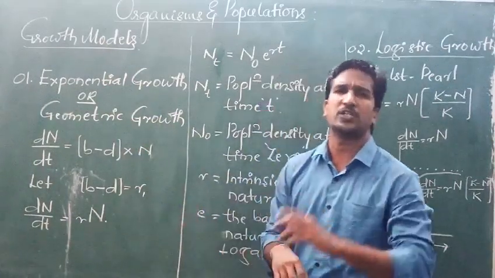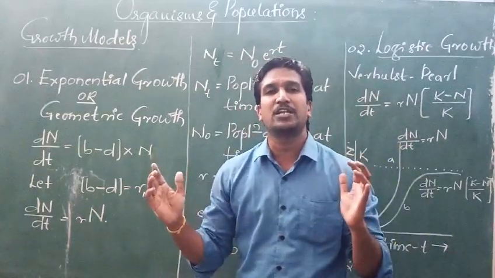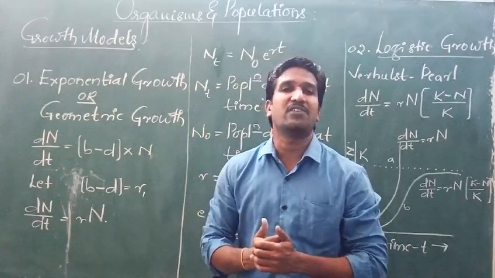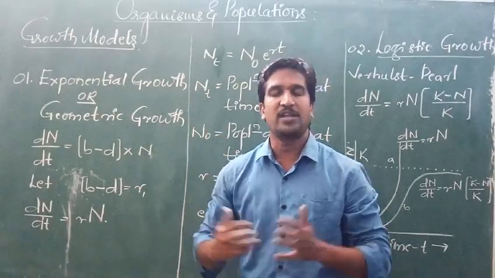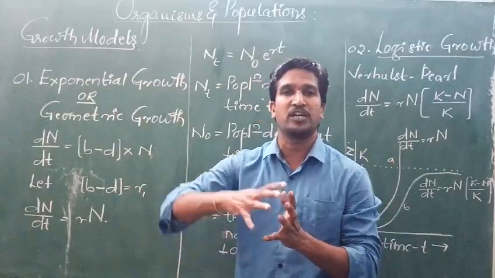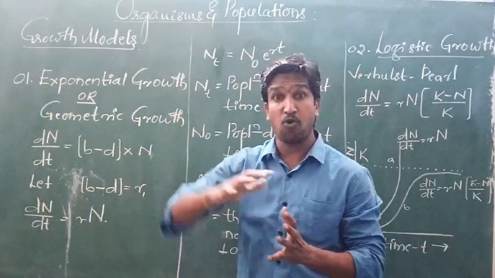Here the first condition is implemented: the natural resources are unlimited. According to the Darwinian theory, when the resource is unlimited, the population number grows and does not stop.